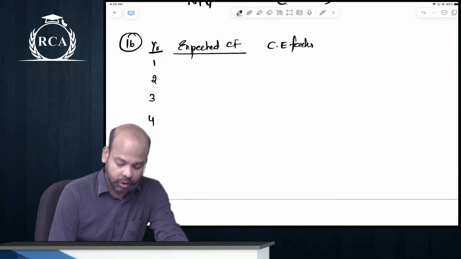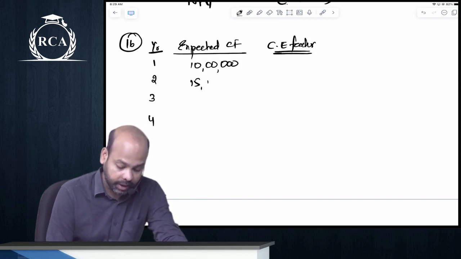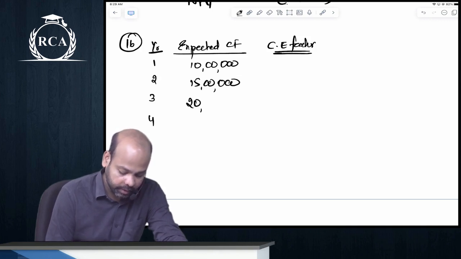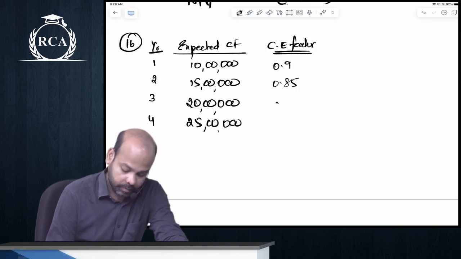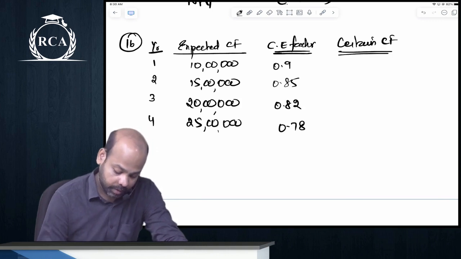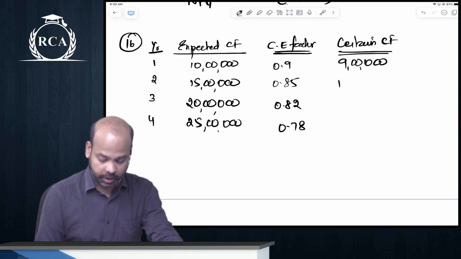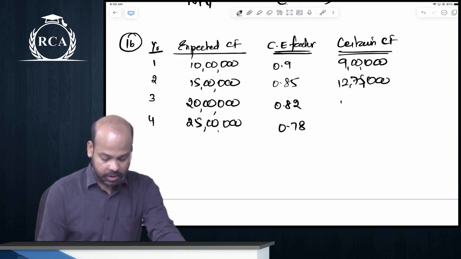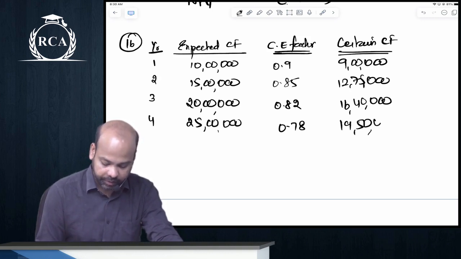I just told you guys how to compute certainty equivalent. We have our expected cash flows 10 lakhs, 15 lakhs, 20 lakhs and 25 lakhs. Your certain cash flows, guys, would be 9 lakhs, 15 lakhs into 0.95, 12 lakhs 75,000, 16 lakhs 40,000, 25 lakhs into 0.78, 19 lakhs 50,000.